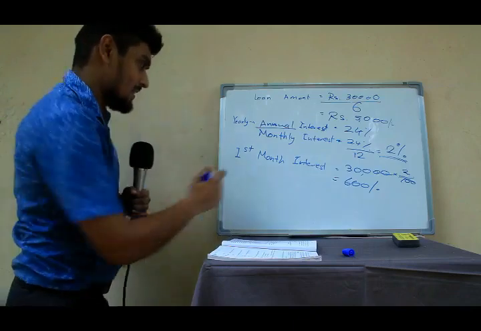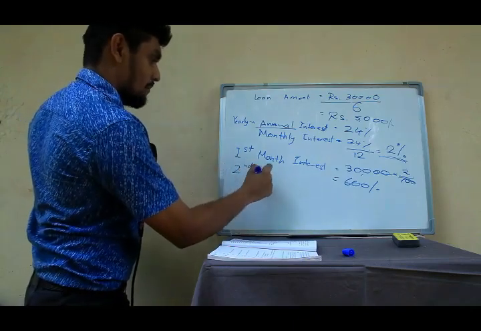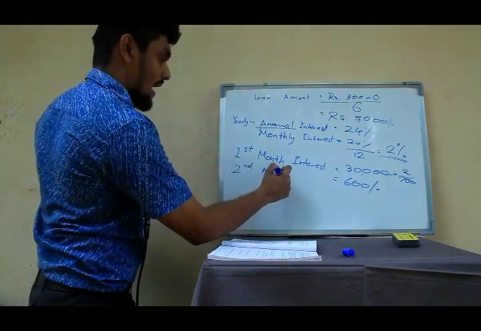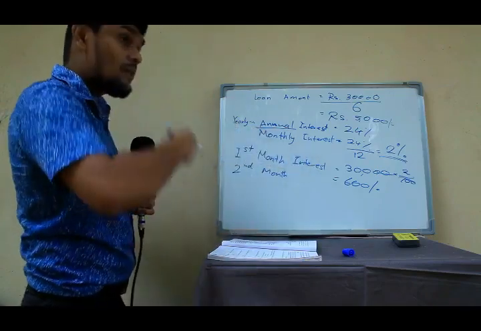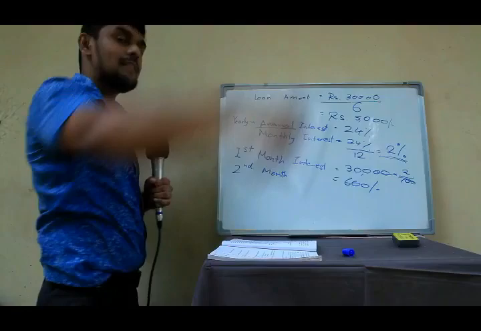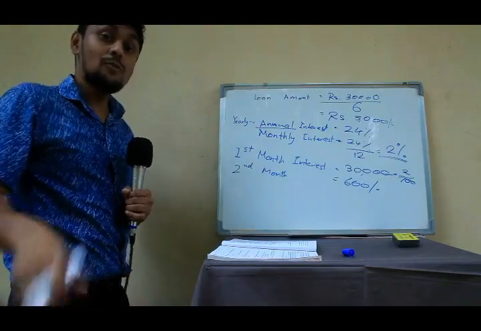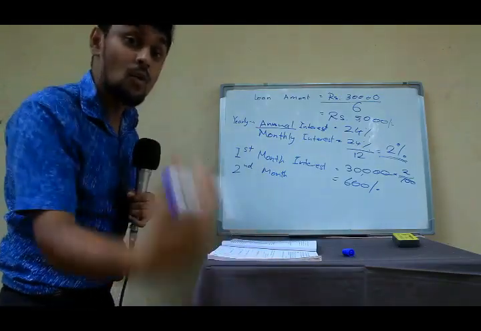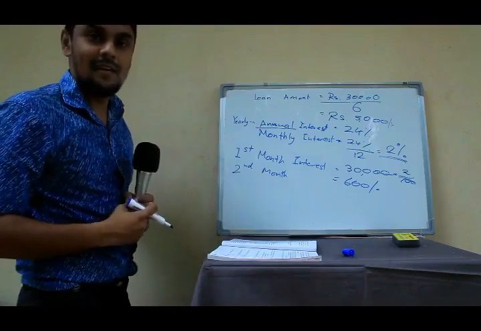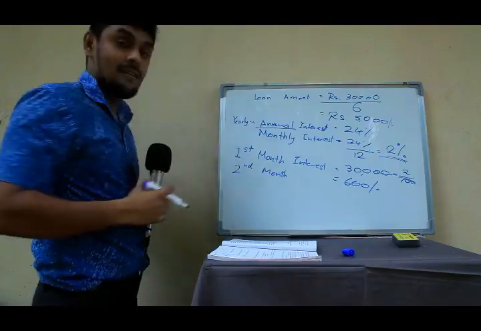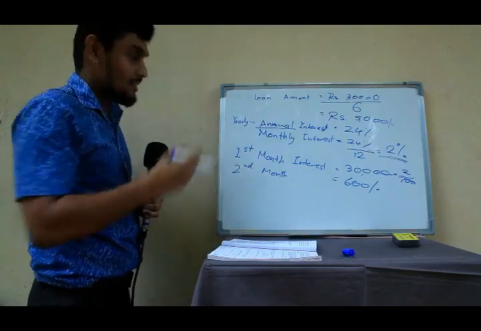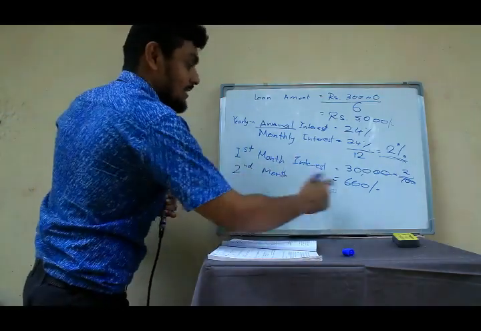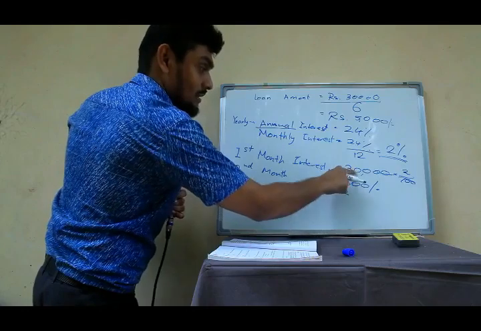You have paid it. Then in the second month, you have already paid 5,000 rupees from this 30,000. So for the second month, the loan is not 30,000.